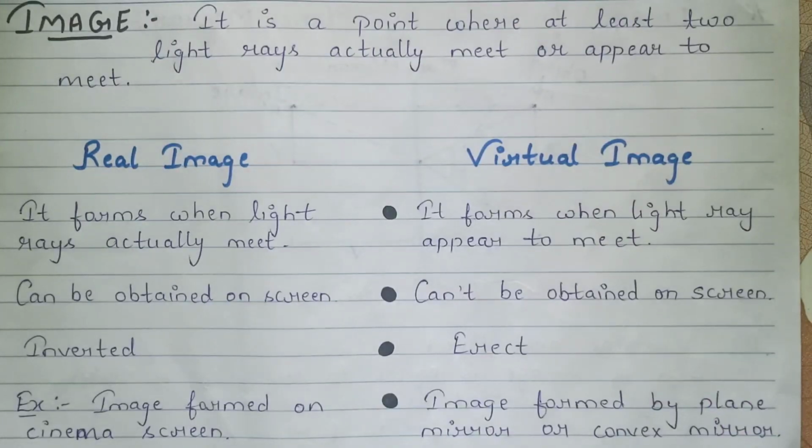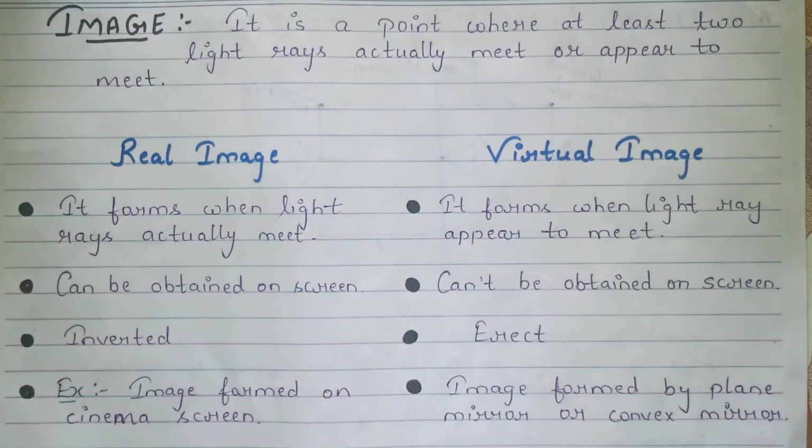Students, do you know what an image is? An image is a point where at least two light rays actually meet or appear to meet. There are two types of image: number 1, real image; number 2, virtual image.